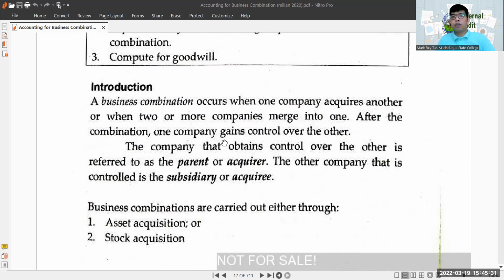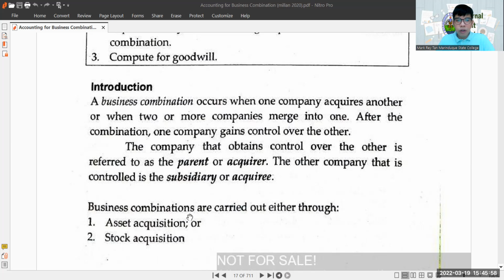In which yung company na bumili ng other companies, nagkaroon siya ng control over those companies na binili niya. Okay? So yung company na bumili is tinatawag natin siyang acquirer, or minsan parent din, depende sa klase ng business combination. And then yun namang mga binili or piniling company is acquiree or subsidiary.